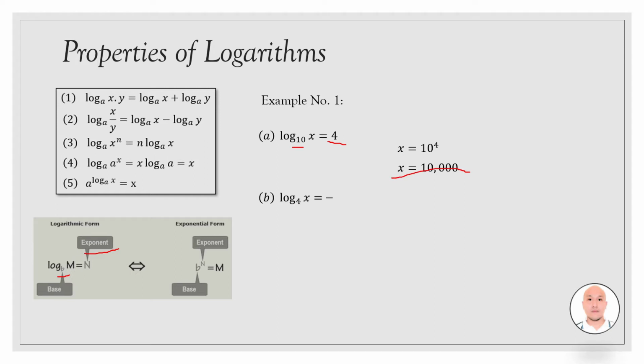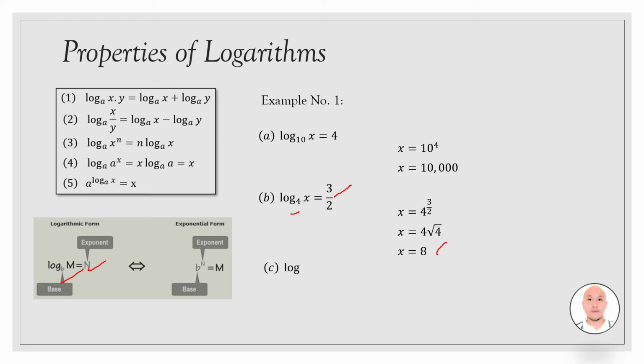Example letter B, log_4 x is equal to 3 halves. Same problem, the base is 4 and the exponent is 3 halves. Then x is equal to 4 raised to 3 halves, or equal to 8.